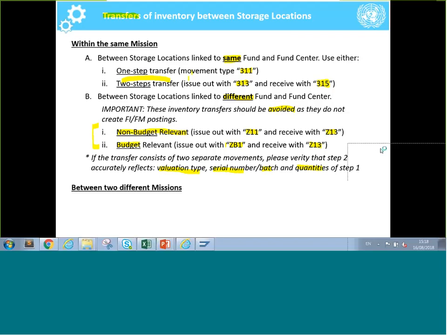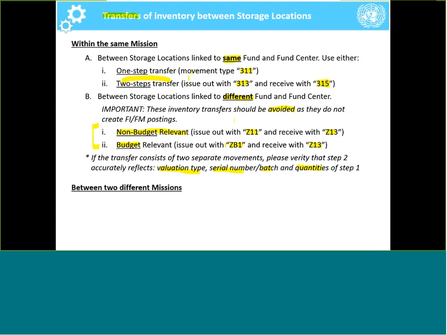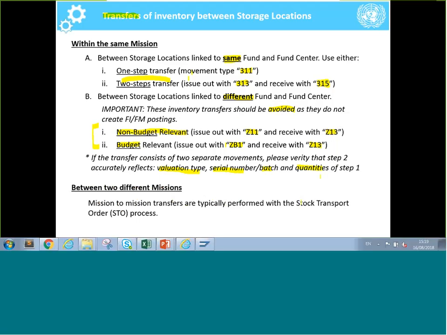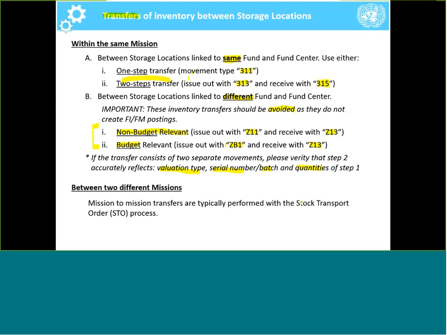And then, if you need to transfer stock between different missions, this is where we use the stock transport order process, and the movement type is automatically determined by the system based on the type of STO.